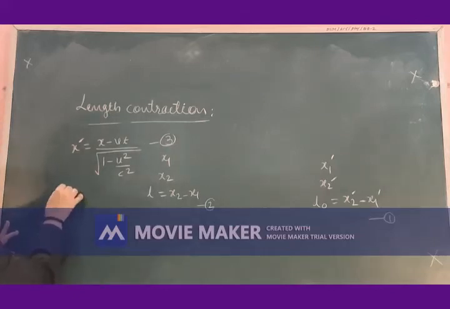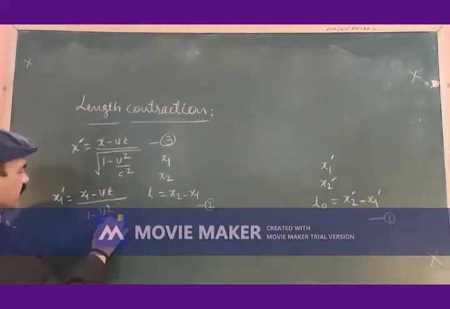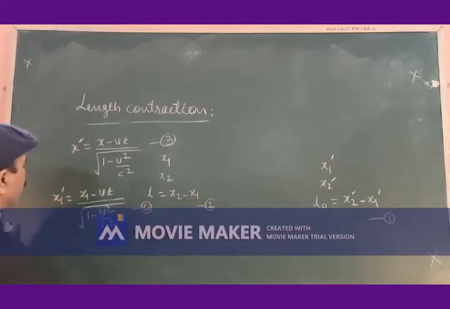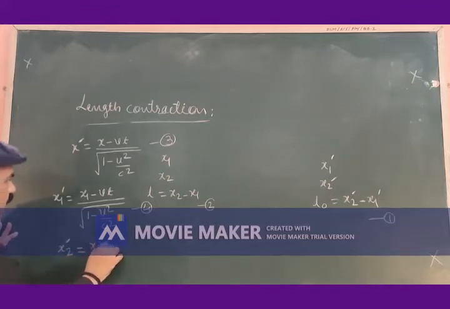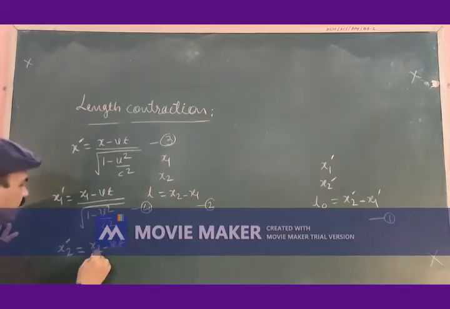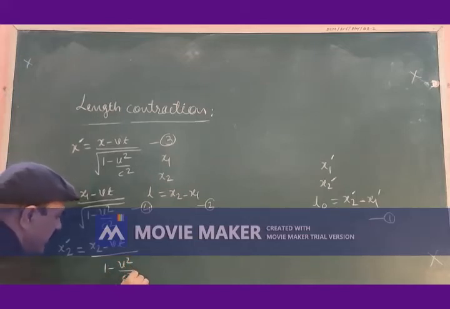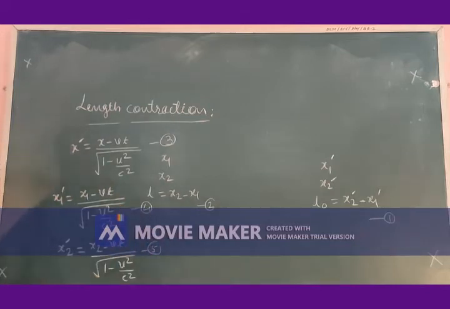This for x1 prime will be equal to x1 minus vt divided by the square root of 1 minus v square by c square, equation number 4, and this is for the second coordinate. X2 prime is equal to x2 minus vt divided by the square root of 1 minus v square by c square, equation number 5.